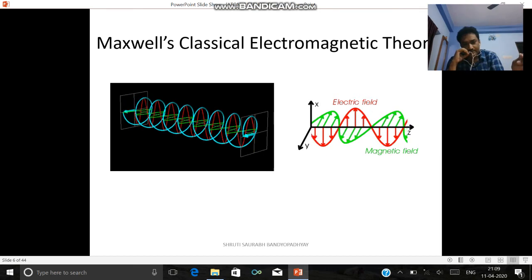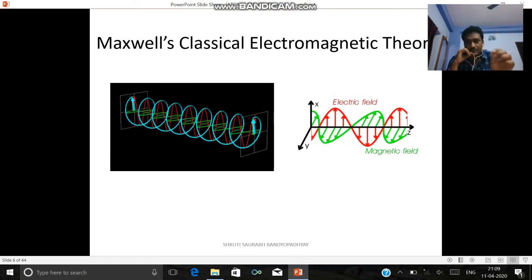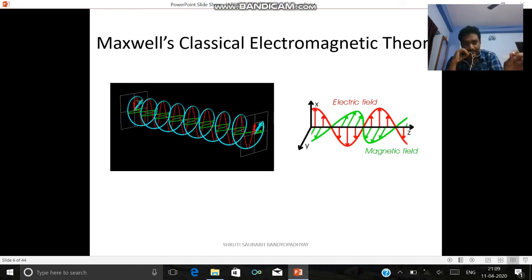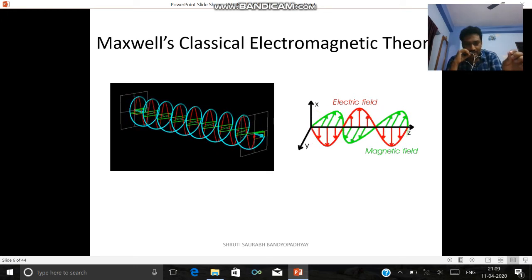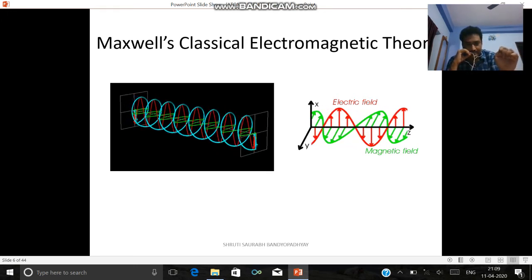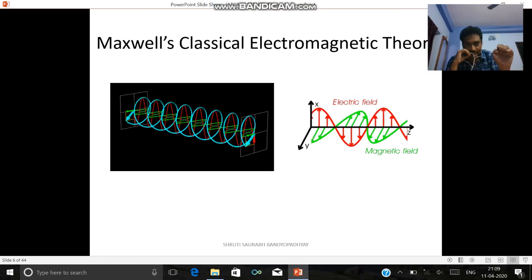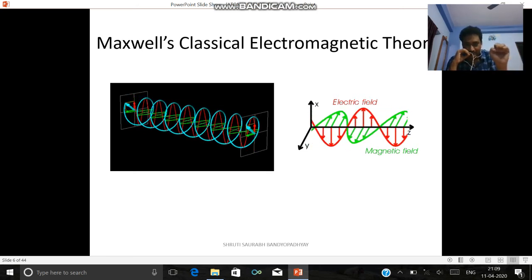So what? Maxwell's classical electromagnetic theory says that in such a case, electrons will emit radiation.